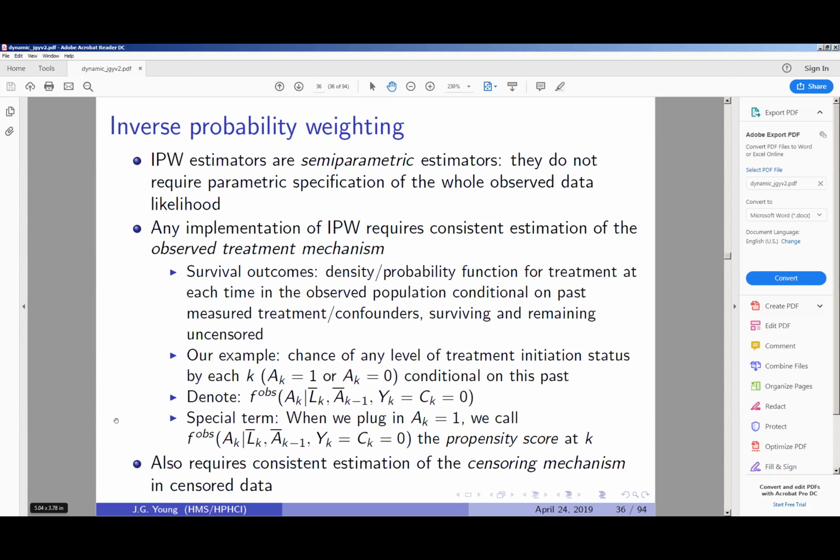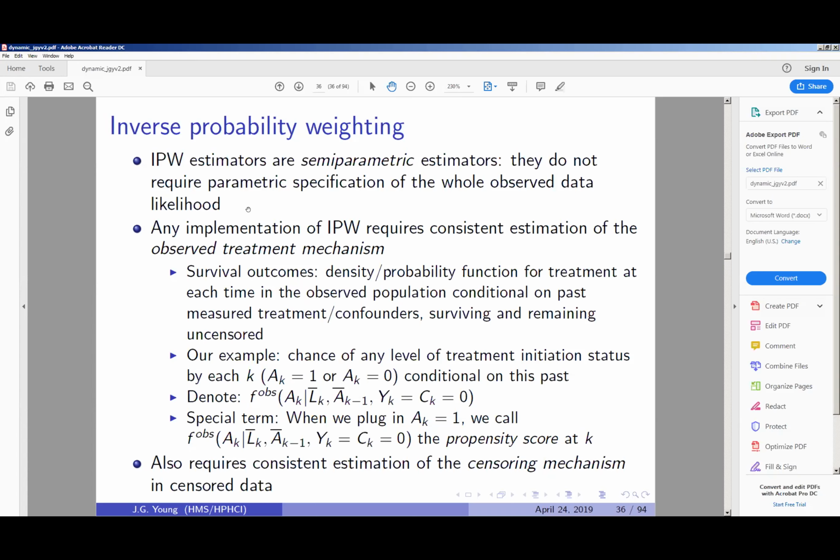And just to link this to terminology that you've heard before, when we plug in A_K equals 1 here, then we call this f_obs the propensity score at K. So for those of you who have heard the term propensity score, the propensity score is the observed treatment mechanism for a binary treatment evaluated at 1, treated.